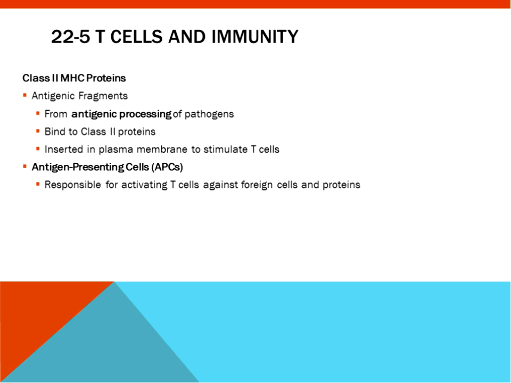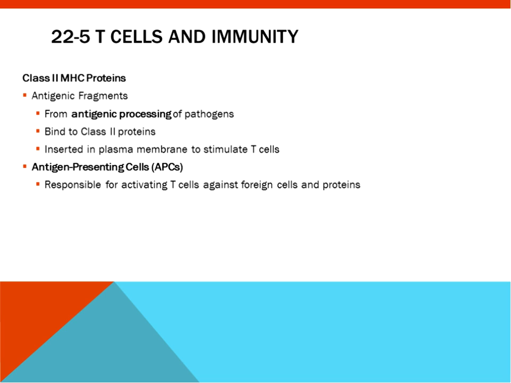So MHC2 proteins, remember that this class of proteins is only found on lymphocytes and antigen-presenting cells. So what happens here is that the phagocytic cell, whether it was a class of lymphocytes or it was a macrophage, is now going to bring that pathogen in, break it down, and then present it on the surface of the cell.